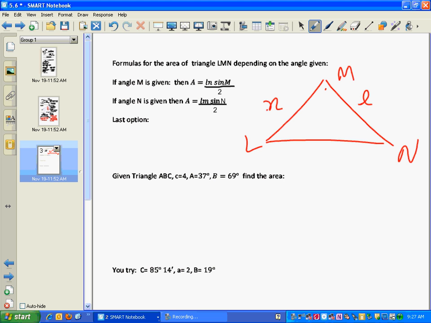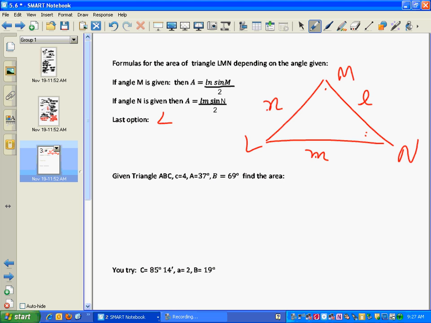If angle N is given, then it's going to be side M times side L times the sine of angle N divided by 2. What's my last option? Which angle has to be given?